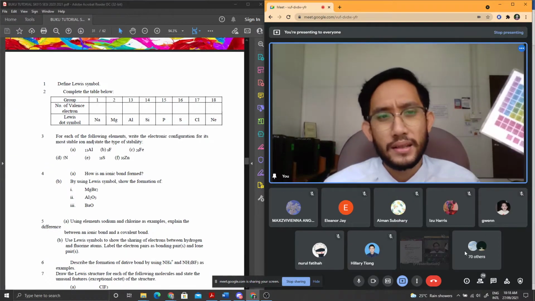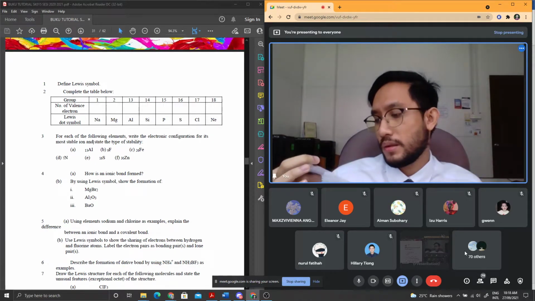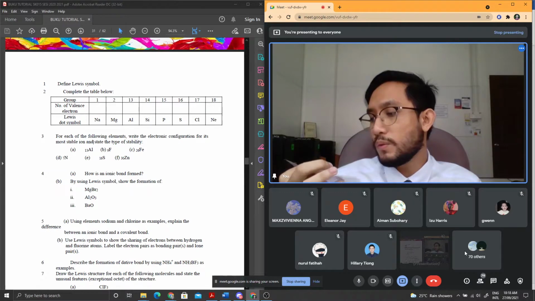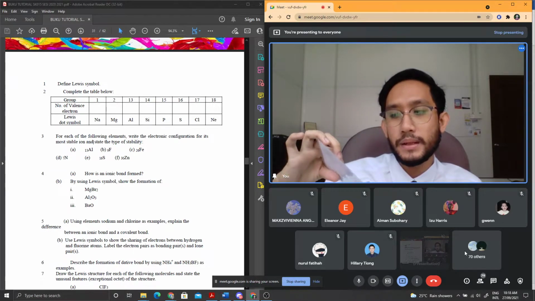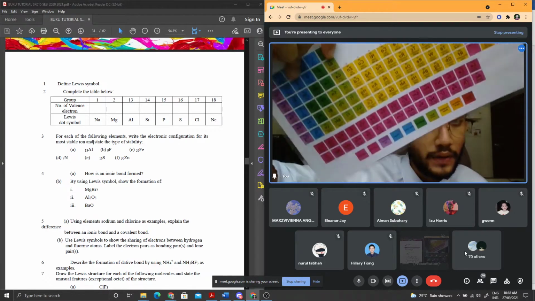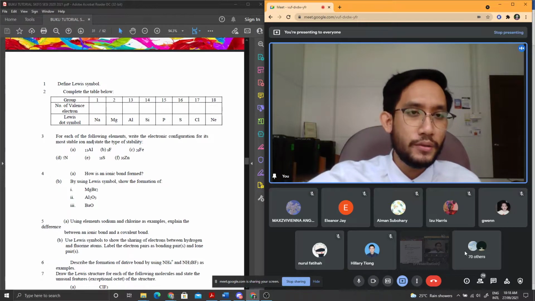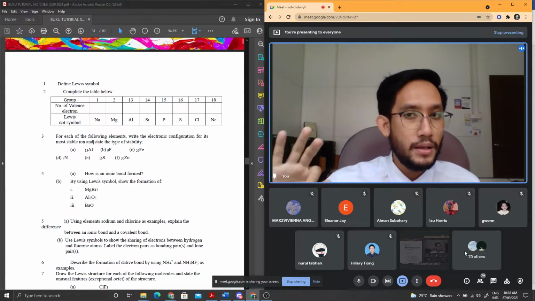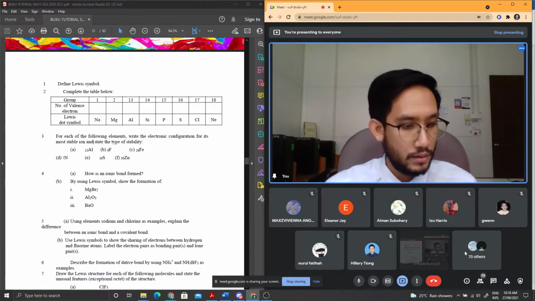If the two elements, for example aluminium with oxygen, in question B2, it is covalent because they are very close together. Even though it is covalent, we will write it as ionic.